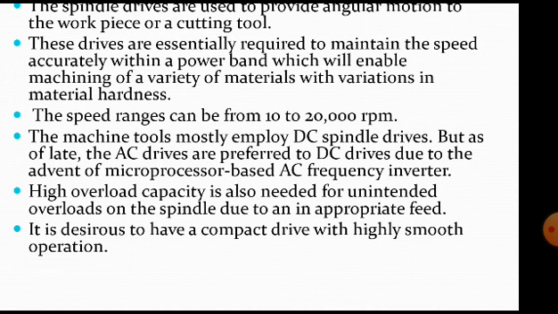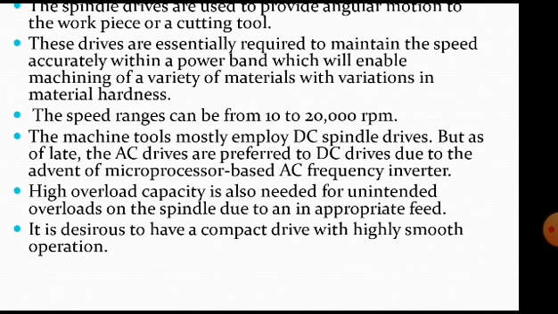Because of the development in the field of electronics, we can adopt the AC frequency inverter, and using that principle it is possible to use AC servo motors also, because they can be controlled with the help of a microprocessor system.